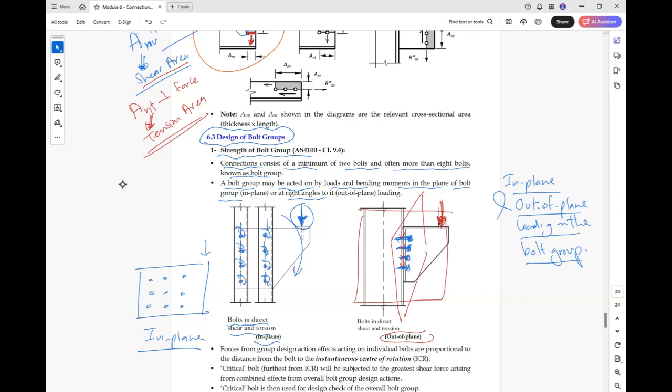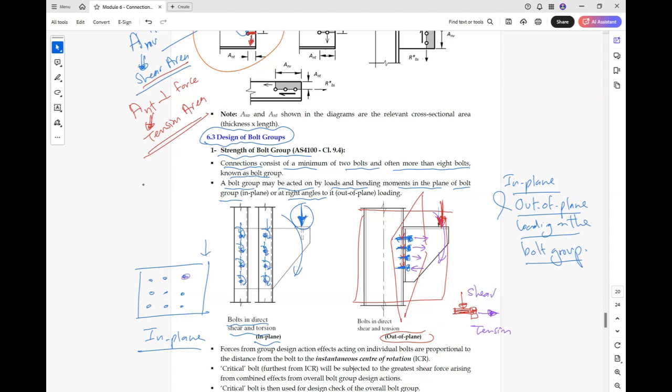These bolts will be under shear from this force. Also, this force will cause moment. Due to this moment, some of these bolts will be under tension, some of them under compression. So these bolts will be under tension and shear.